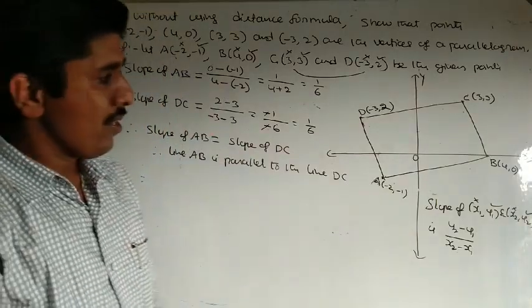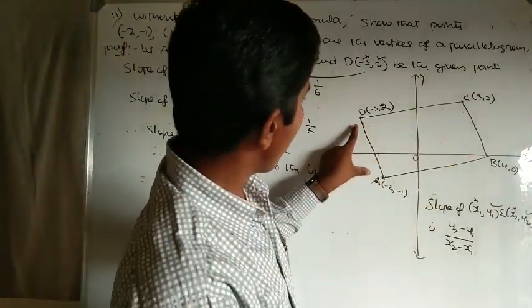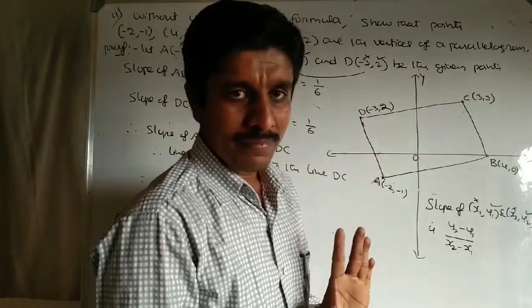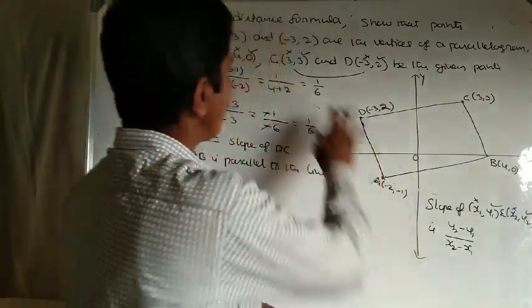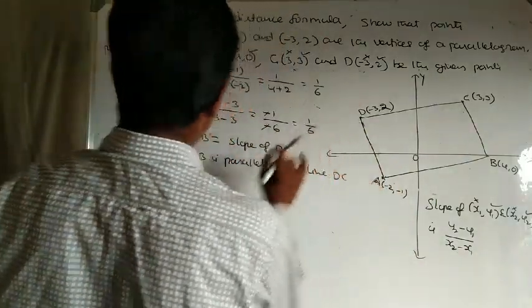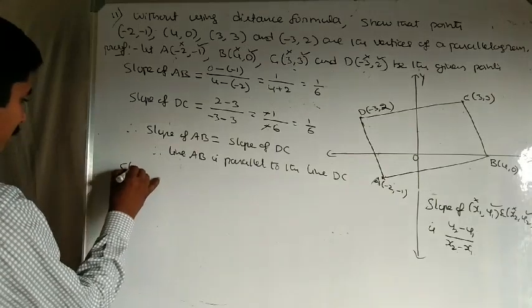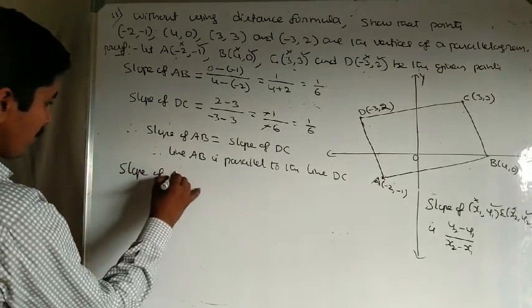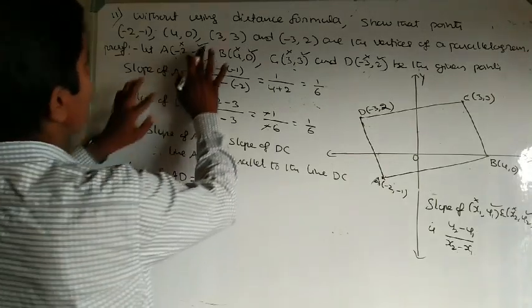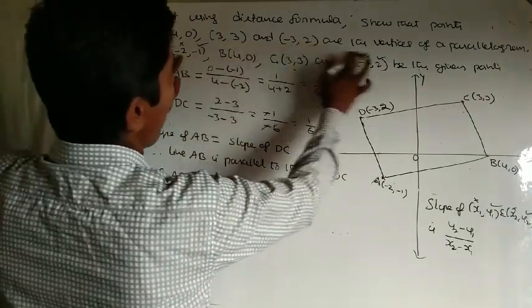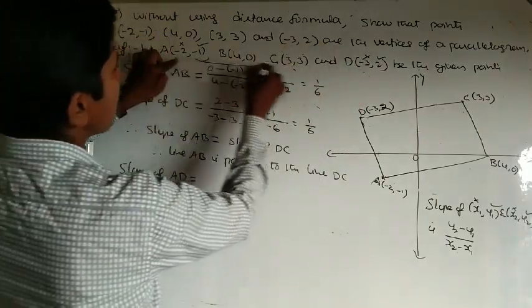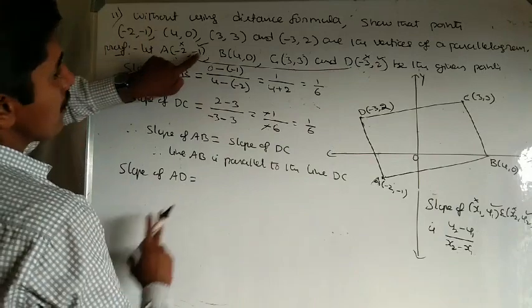Now find the slopes of AD and BC and prove that their slopes are equal. Slope of AD. Here A is a point and here D is a point.